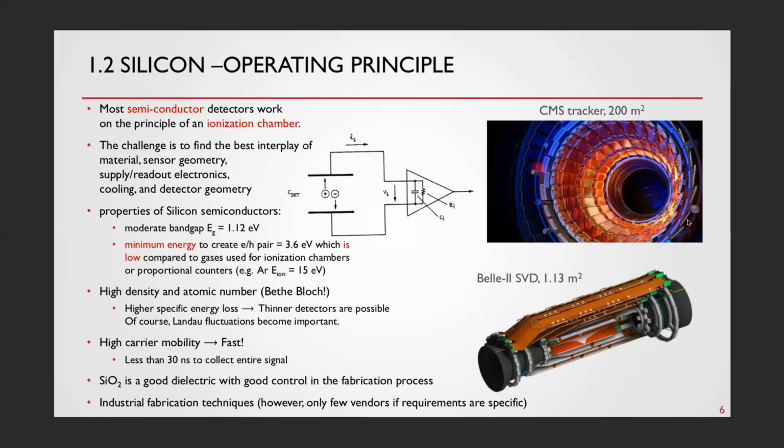It was partially developed at our institute in Vienna, and so the sensors were designed, and we also partially built the sensor modules that you can see here. They come in several layers. Another important detector that was developed at our institute is the Belle II secondary vertex detector with a sensitive area of 1.13 square meters.